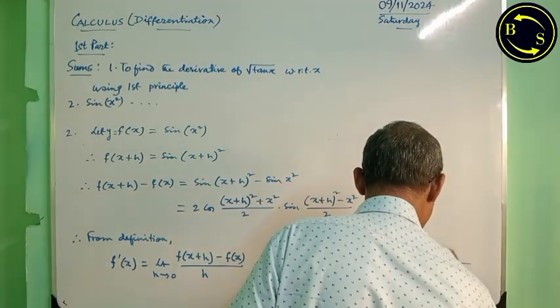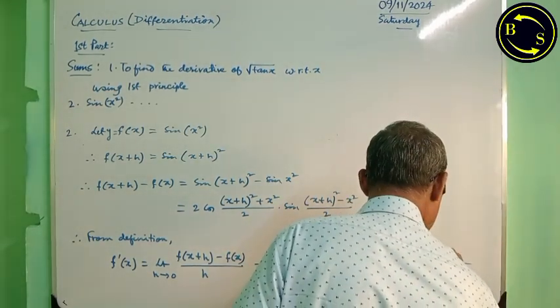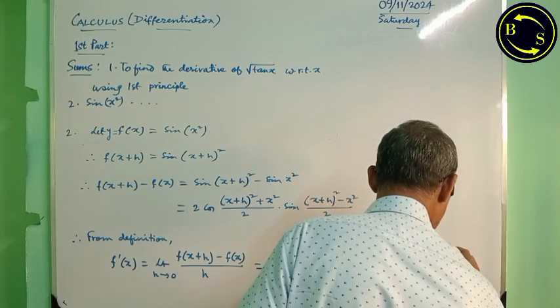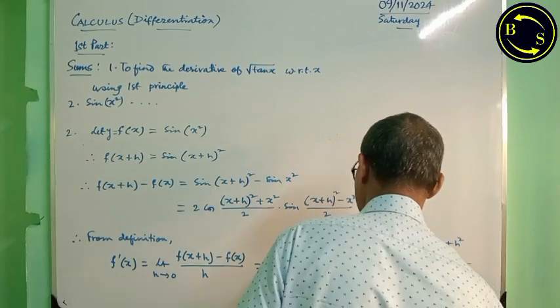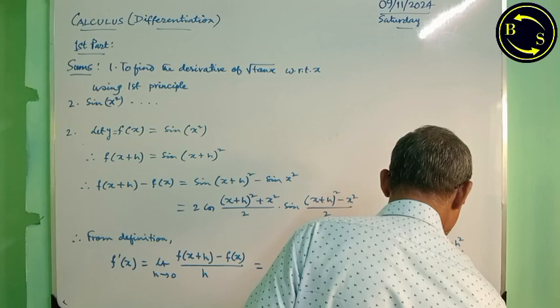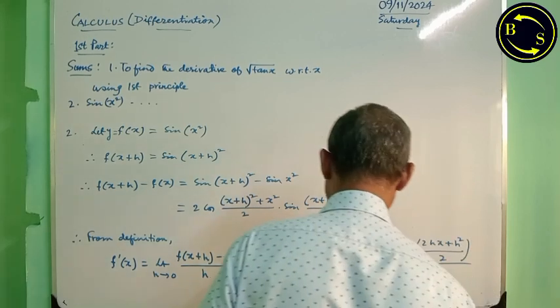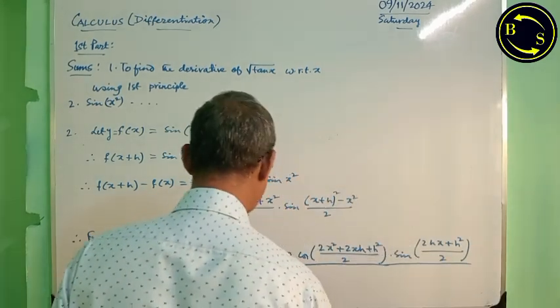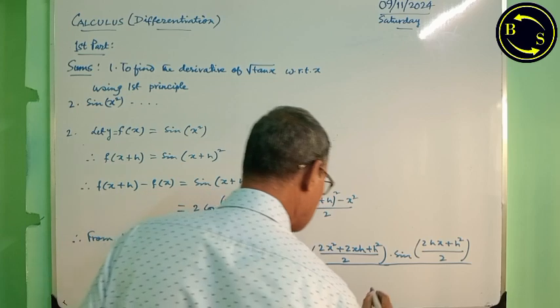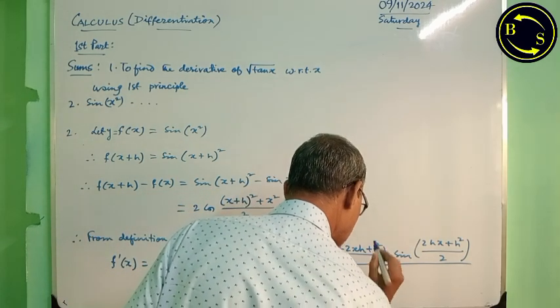Finally, we will get (2hx plus h square) divided by 2. Denominator will be h.